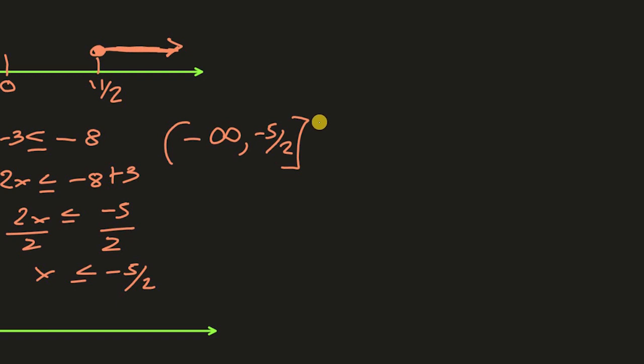Gamitin natin si union. Value of the leftmost value is 11 over 2. Value of the rightmost is positive infinity. So guys, since 11 over 2 is shaded, ibig sabihin kasama siya, bracket yung gamitin natin. Since infinity yan, always na parenthesis.